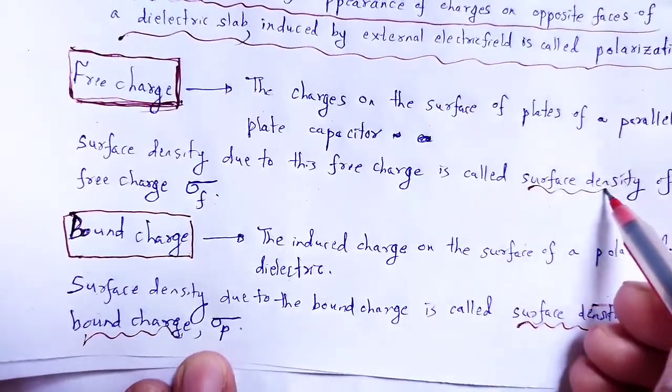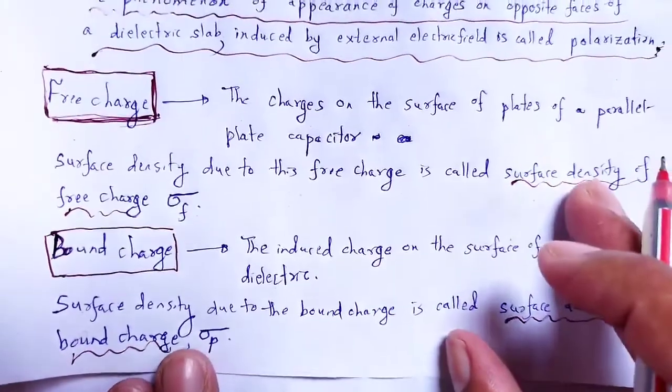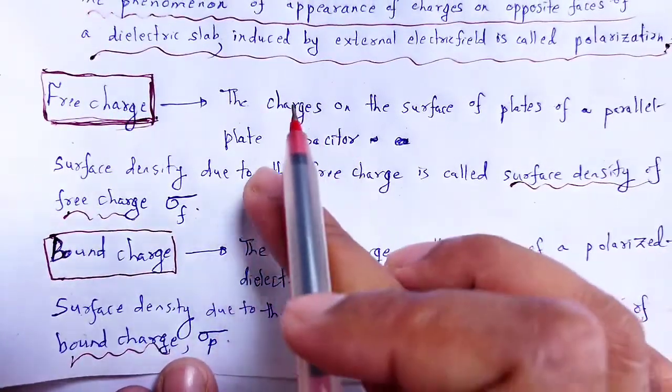This is the surface density of free charge, sigma f. Due to the polarization process, the charge is developed, that is why sigma p.